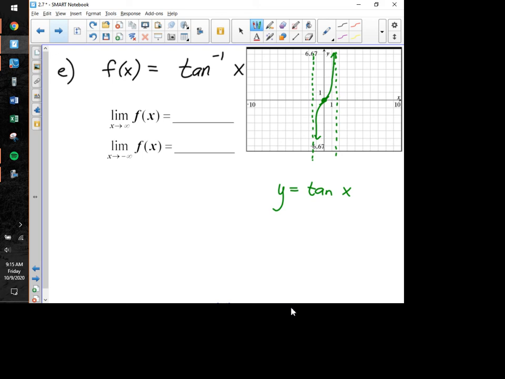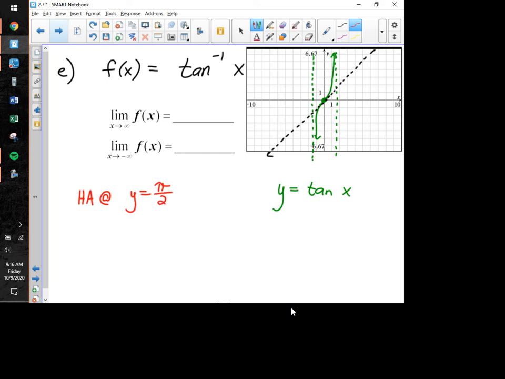If we wanted to come up with the graph of inverse tangent of x, all we do is take this entire graph and reflect it across the line y equals x. So what does that mean? All of our vertical asymptotes on the tangent graph now become horizontal asymptotes. And the significance here is that this graph has a horizontal asymptote at not x equals pi over 2 now, but y equals pi over 2.